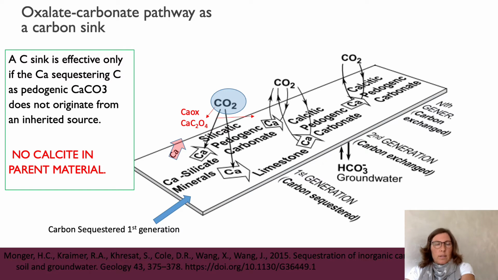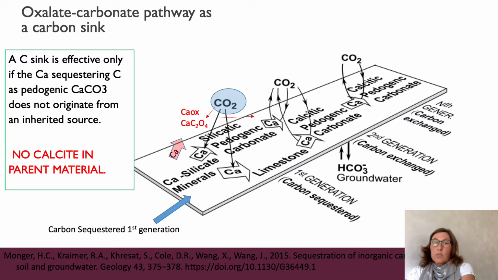It's very important that there be no calcite in the parent material of these soils, because a carbon sink is effective only if the calcium sequestering the carbon as pedogenic calcite does not originate from an inherited source. Only the first step sequesters the carbon in calcite.